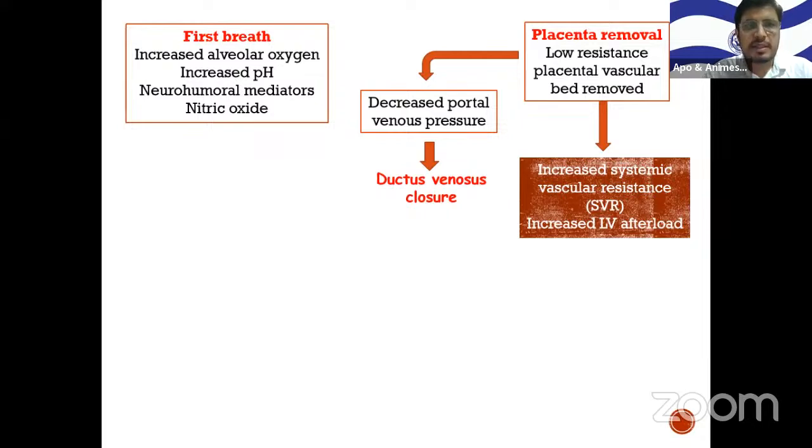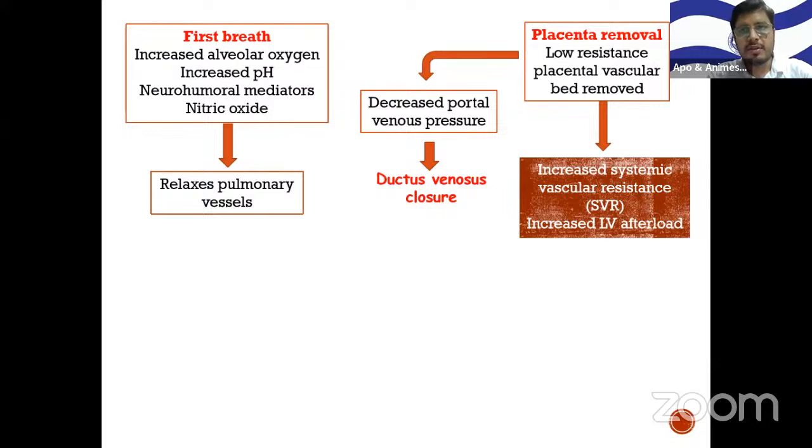There is increased alveolar oxygen, the lungs expand, there is an increase in the pH, and there are neurohumoral mediators which release nitric oxide in the pulmonary circulation. This all leads to relaxation of the pulmonary vessels, which are otherwise in a constricted state in utero.